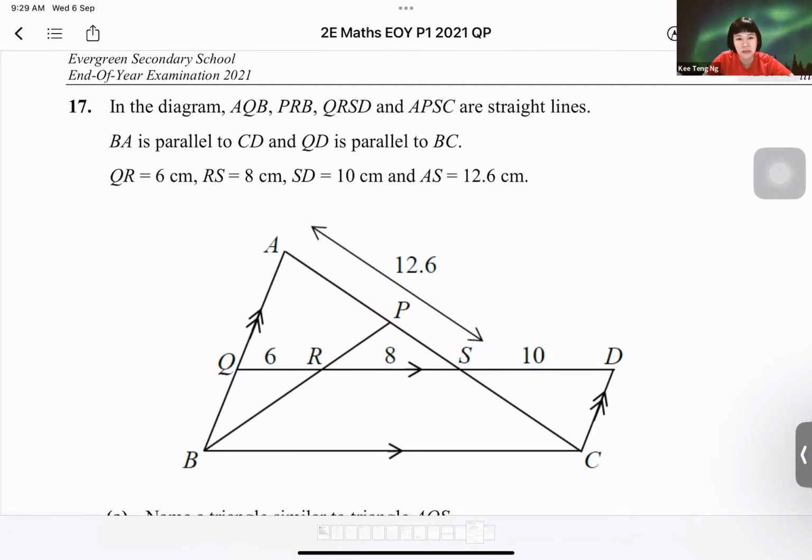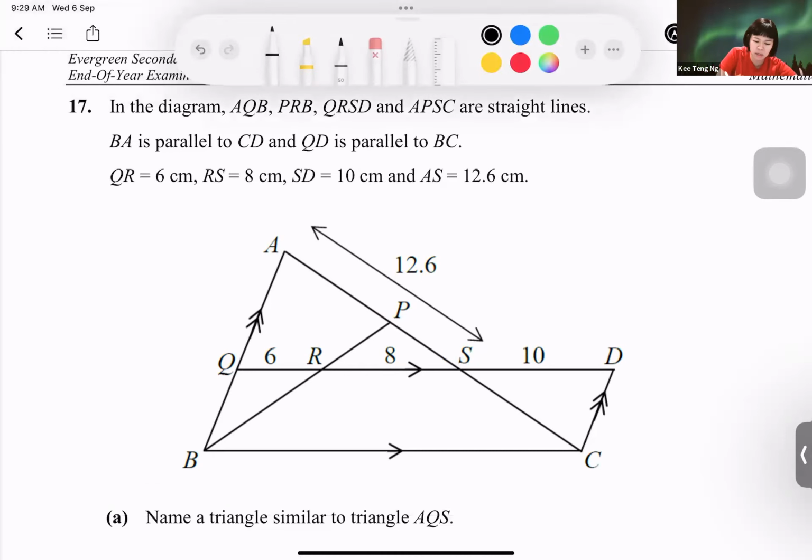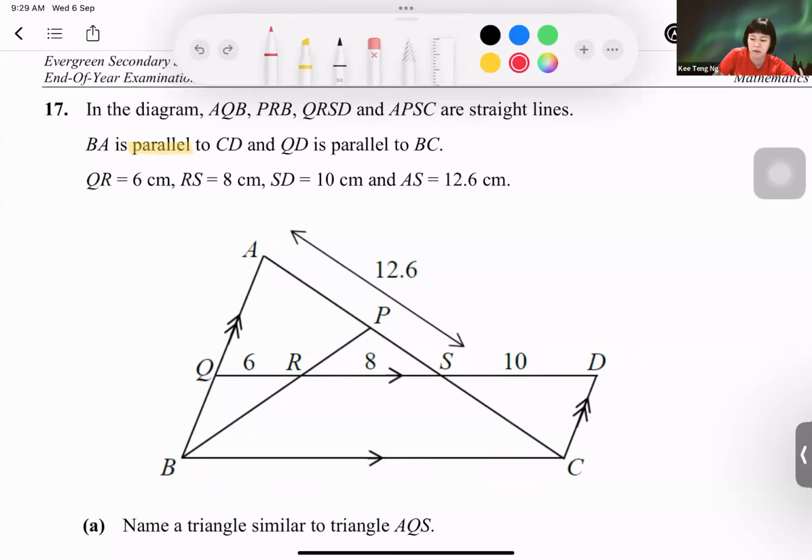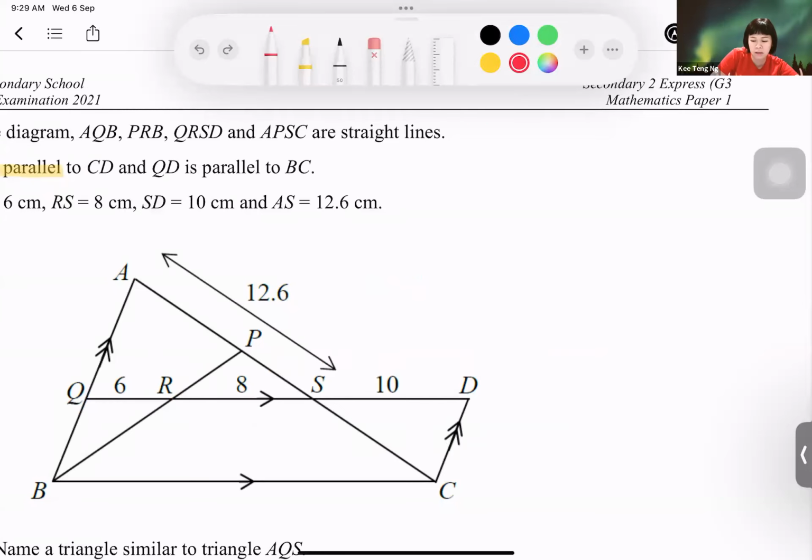Now, inside the diagram, these are the following straight lines. We have AB parallel to CD. So I'm going to bring out my favorite few letters again. What's my favorite letter for angles? First one, letter F. What is the reason for letter F?